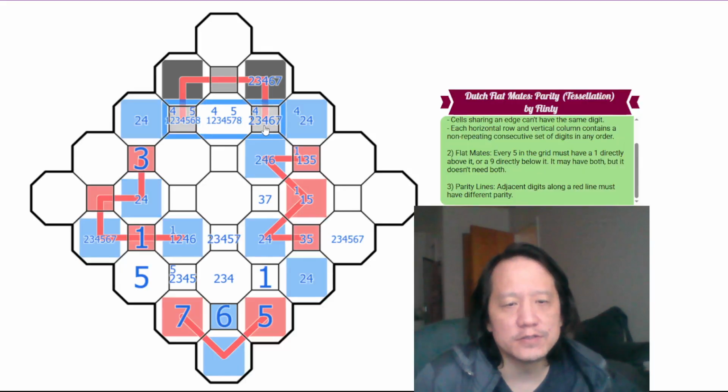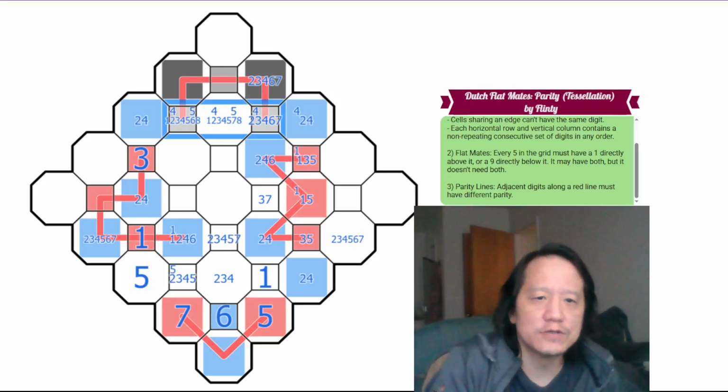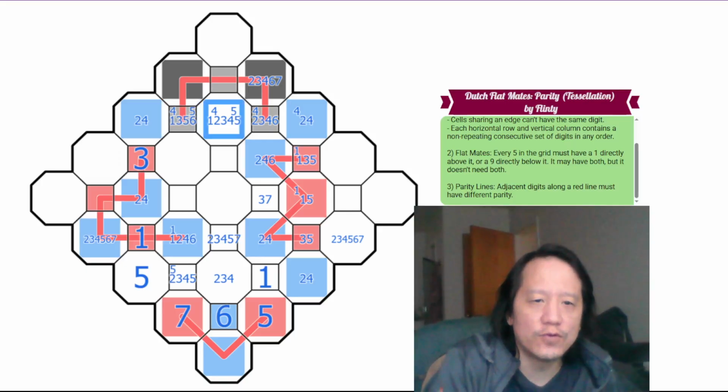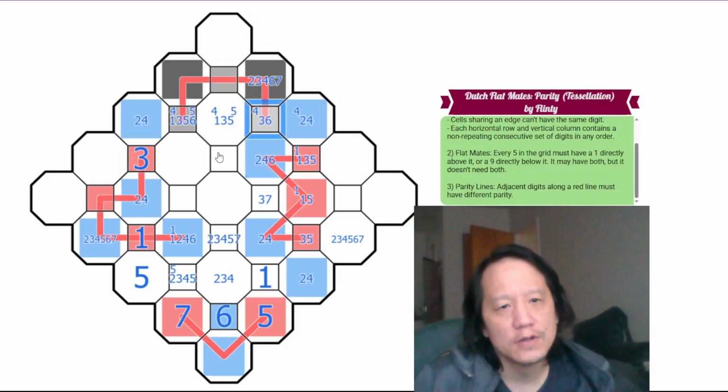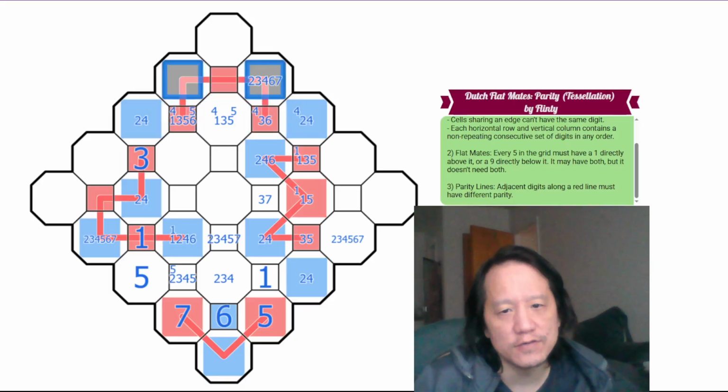That means this must be 2 through 6 or 1 through 5. So no 7 or 8. And no 2 through 4 in the remaining digits. You can only have one other even, so these must be odd then. So these must be odd, which makes these even.